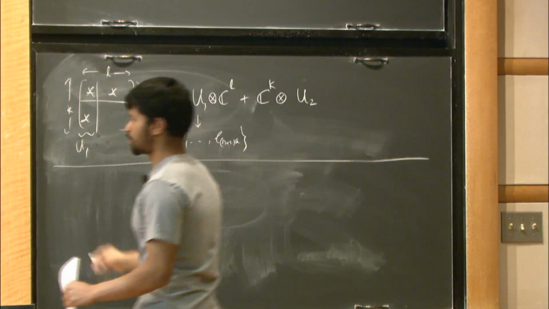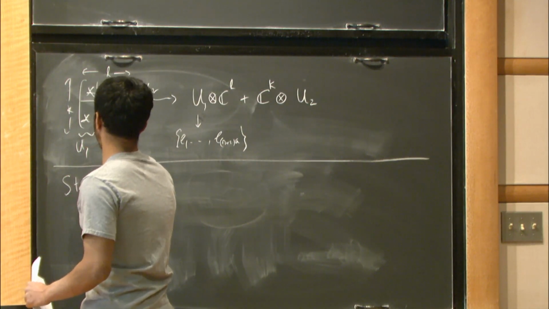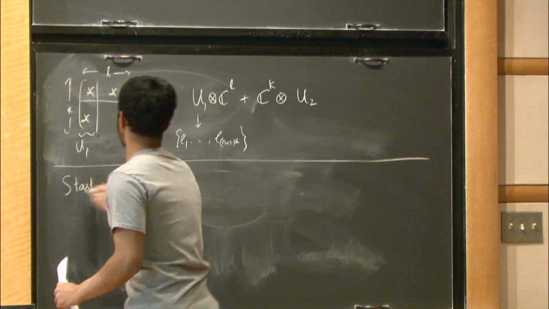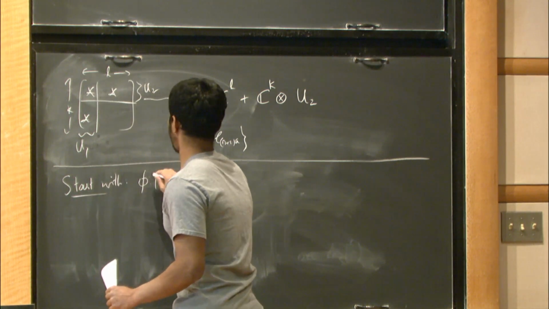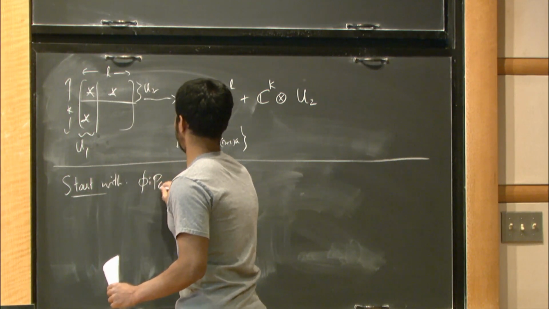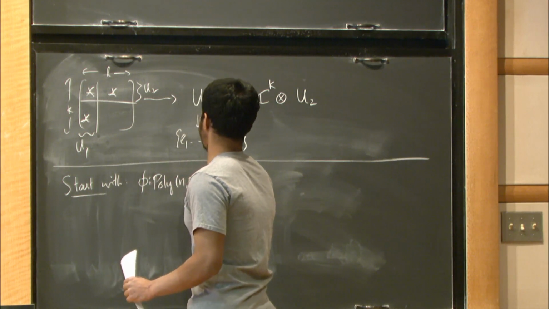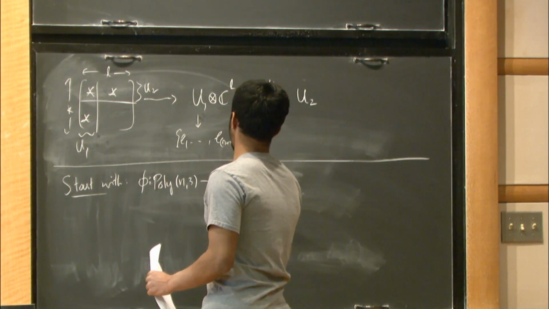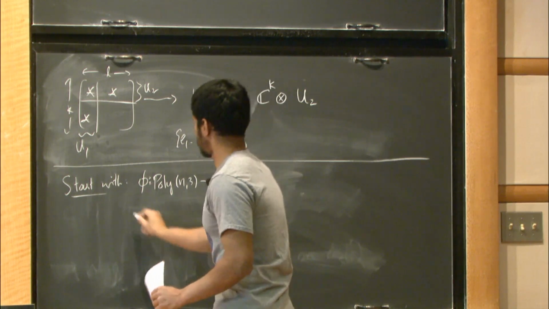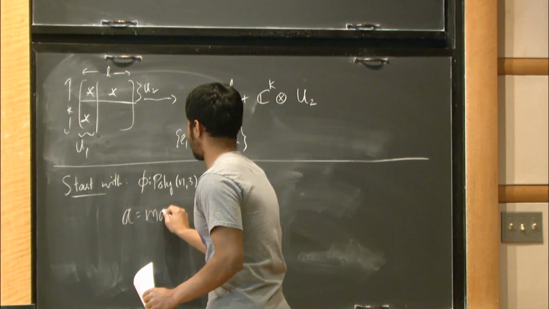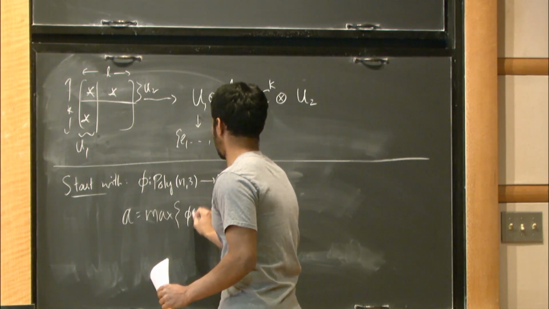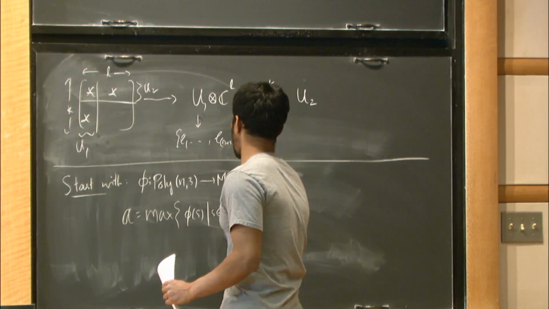So we start with the same thing. You start with the linear map. Again, I'm going to go to just this one guy. And A is the maximum possible rank that a simple can achieve under this linear map.